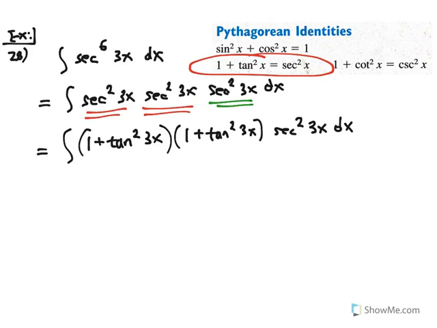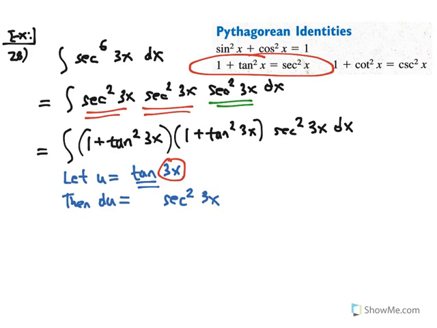And what we're going to do is let u be equal to tangent of 3x. Not tangent squared, but just tangent of 3x. Then the differential of u: the derivative of tangent is secant squared 3x.